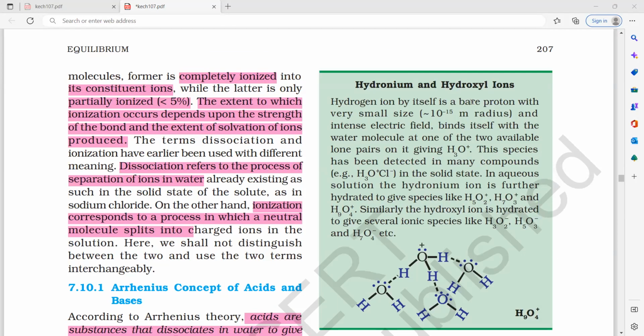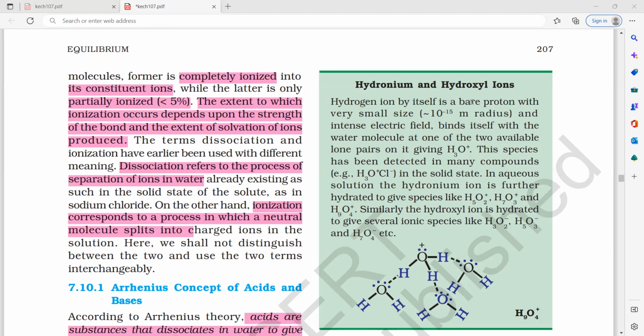Hydronium and hydroxyl ions. The hydrogen ion by itself is a bare proton with a very small size, that is 10 to the power minus 15 meter radius, and an intense electric field. It binds itself with a water molecule at one of the two available lone pairs on it, giving the hydronium ion.